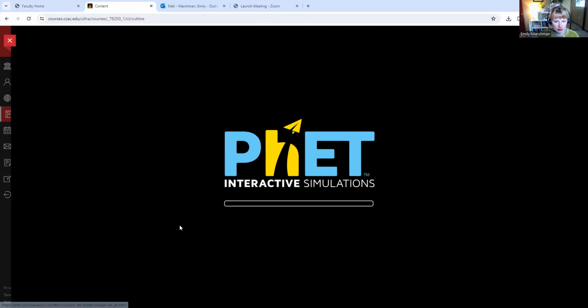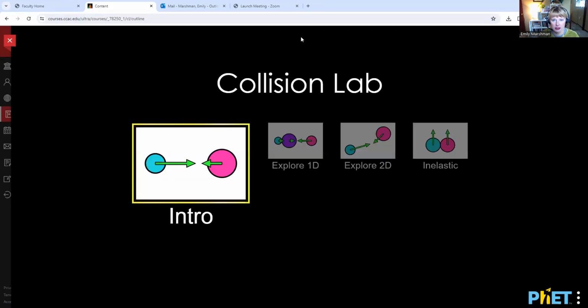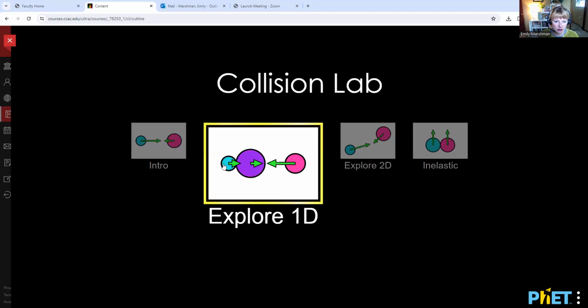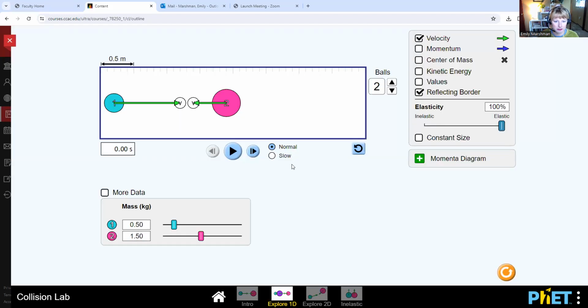Here's the link for the simulation. Click that. And then you're going to click on Explore in one dimension. We're only going to do collisions in one dimension for this class. So here you're going to see two objects, and these are the two objects that are going to be colliding, and you're going to be analyzing the momentum of these objects before and after the collision.